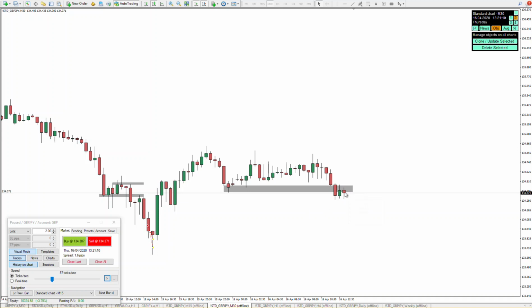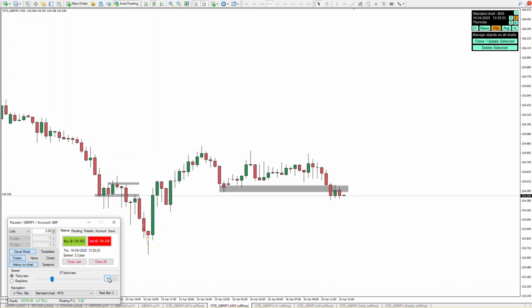Retest. Let's see if we can make a bearish close here. Looks like it's going to close bearish. So that's true.